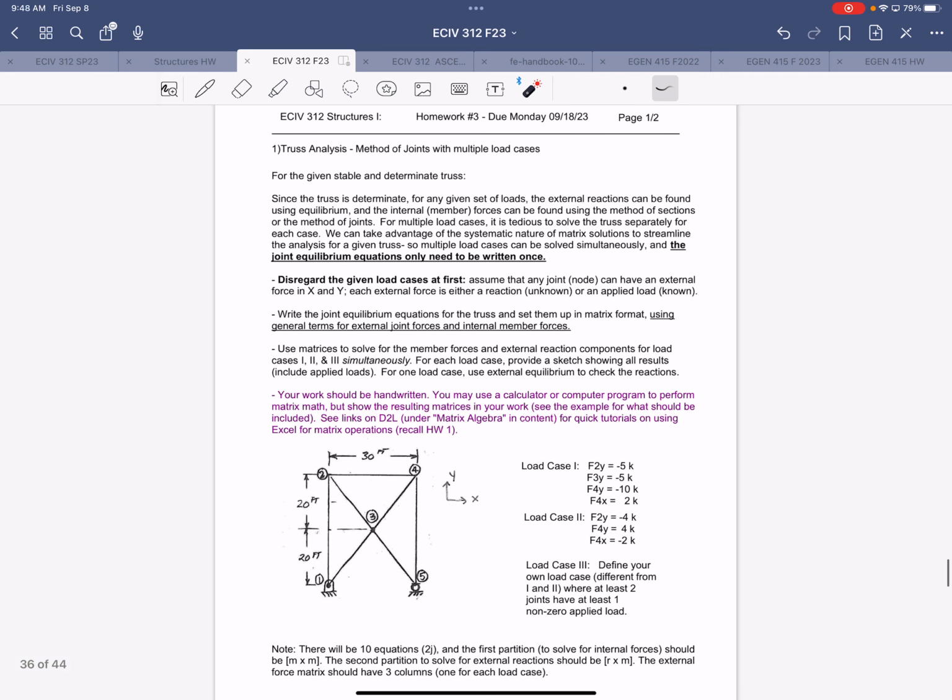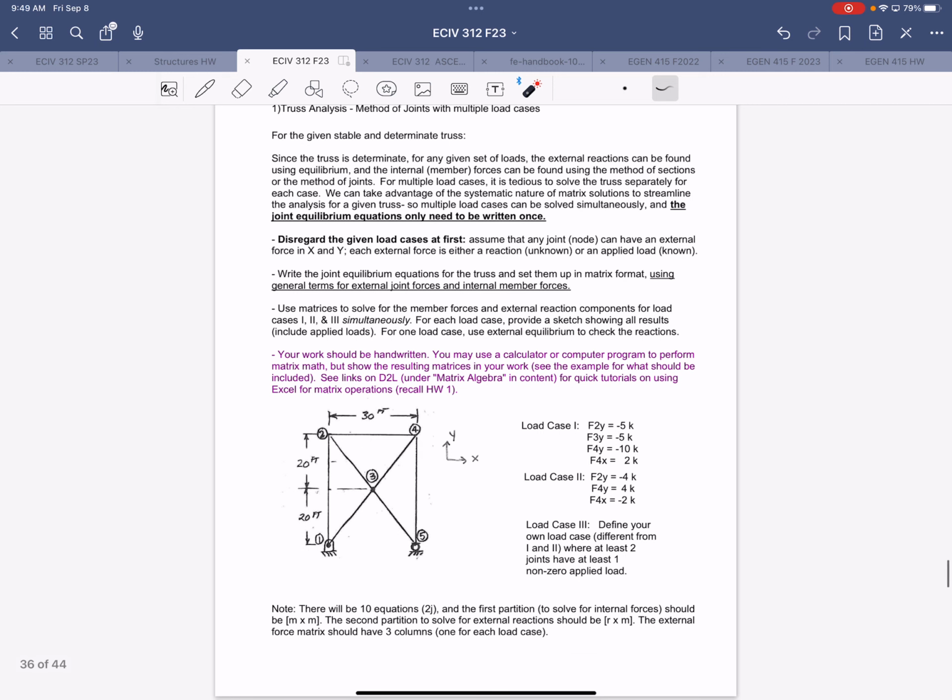All right, so the directions talk you through the process. Follow the example, which goes through all the steps as well. You have 3 load cases in this assignment. The first 2 are established for you, and the third one you get to define your own. So it's a bit of a choose your own adventure assignment.